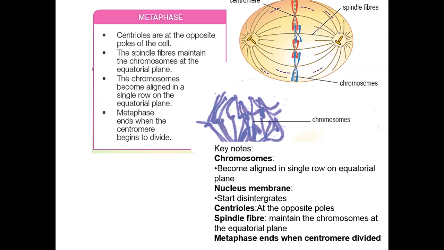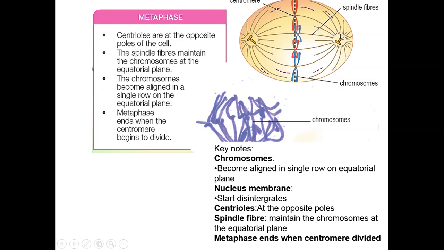Okay, now we continue to the metaphase. What happens during the metaphase? To memorize this, metaphase, M for middle, which is the chromosomes will align at the middle. Alright, so the chromosomes will align in a single row on the equatorial plane. At this time, the chromosomes start to align here, and the nuclear membrane starts to disintegrate, the dotted purple line here, and the centrioles are at the opposite poles.